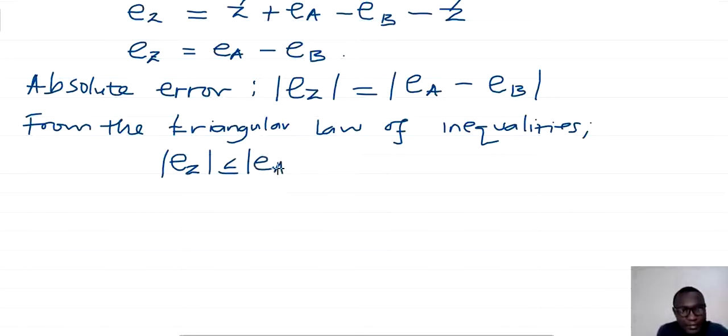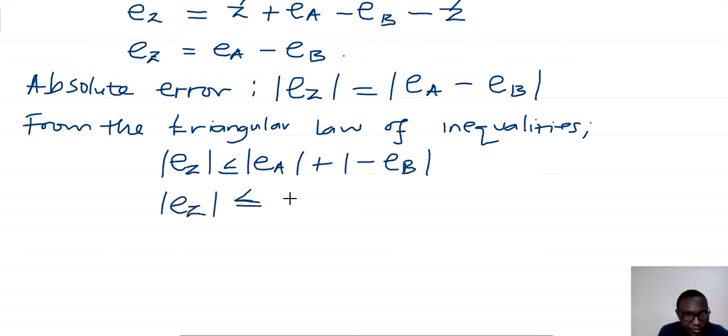So we have magnitude error A plus negative error B, right? This is what the triangle law of inequalities says, and this here, error Z less or equal to the magnitude error A plus, now because of magnitude, the negative is going to be absorbed. So the purpose of magnitude signs is to absorb the negative and make the value positive.